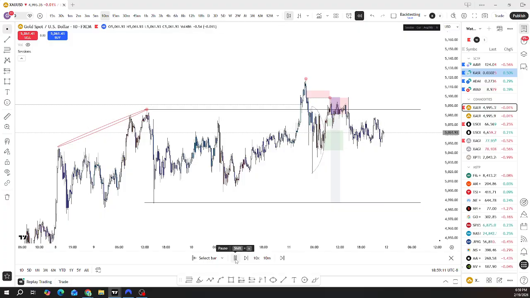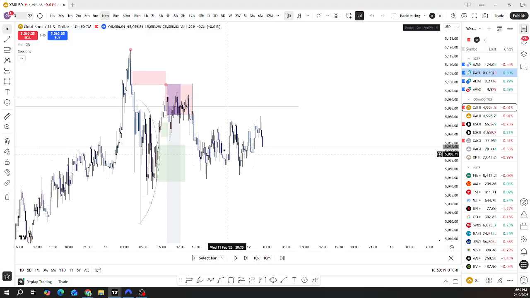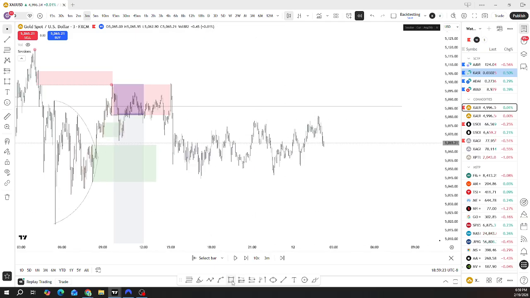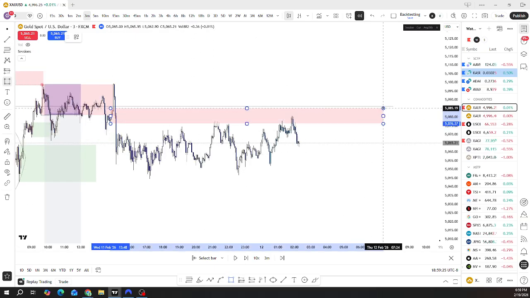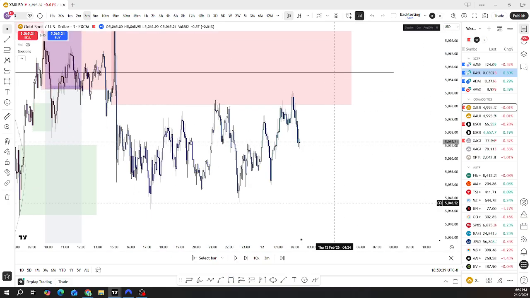And then there was actually a re-entry on this. Let's see if I can catch it right here. You created a nice supply zone. And then there's a redistribution here.